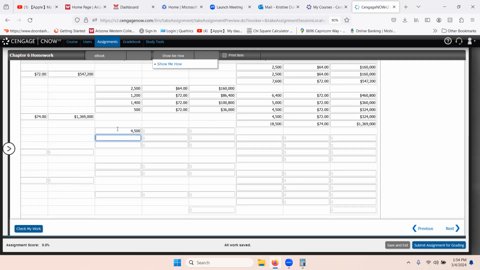However, we sold 8,900 units. So the difference is going to come out of our red batch. So that's going to be, what did we say, 8,900 units? So that's going to be 4,400. Okay. Going to use up all of that at 72. Guess what? That's going to be 324.